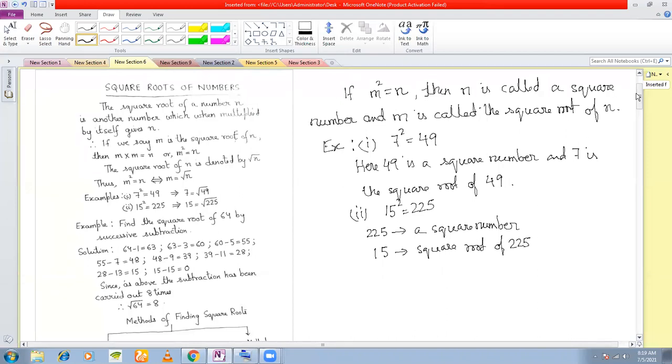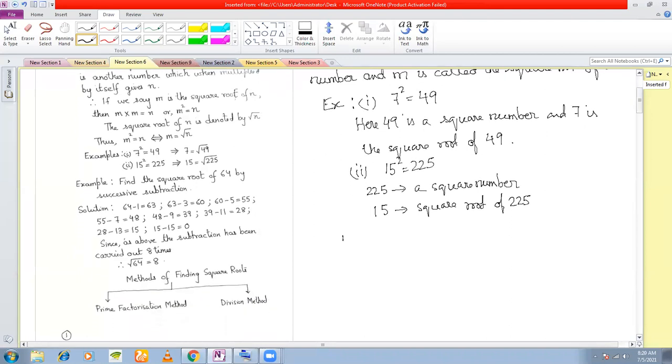Okay. Now, in order to denote square root, we write m is equal to square root of n. So let's take an example, just taking the above two examples.